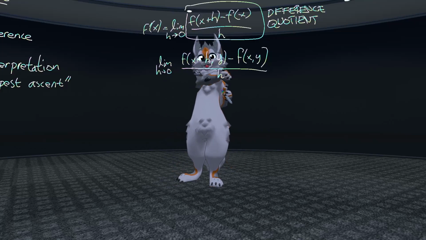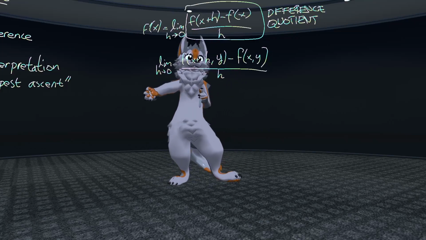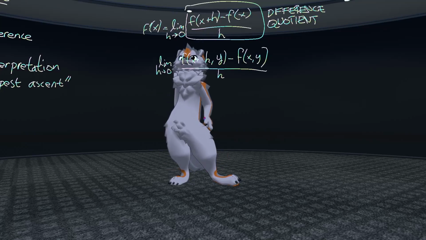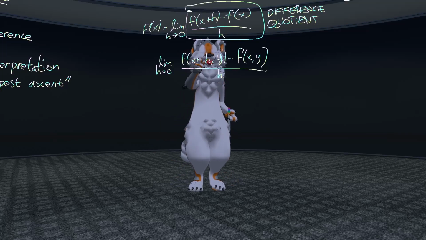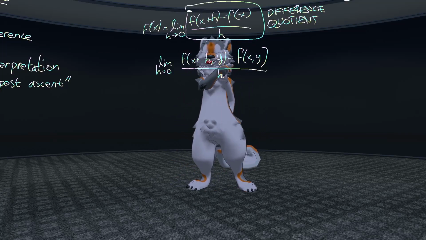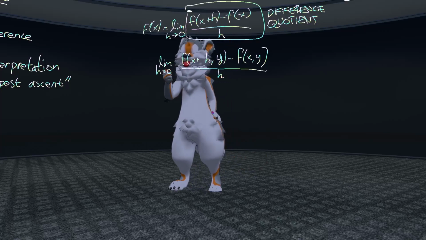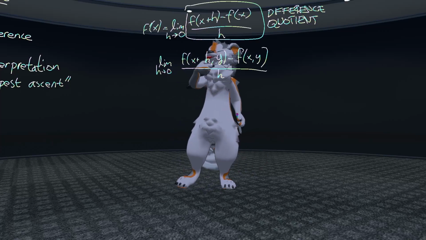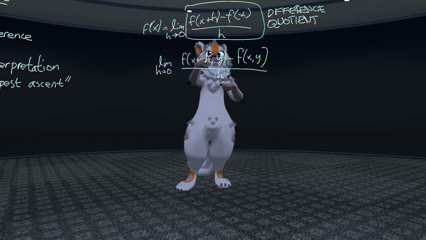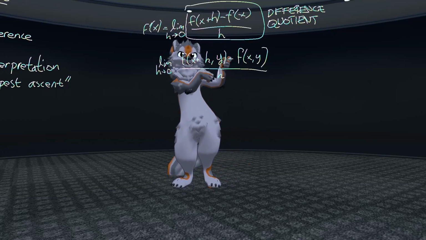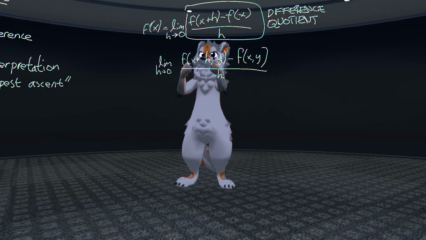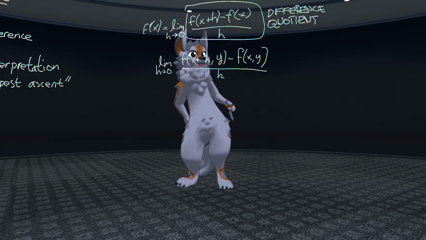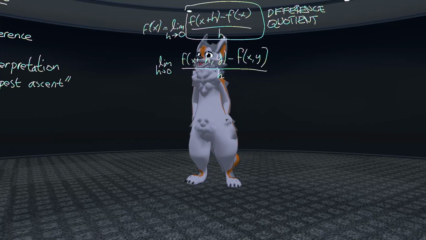Now first of all, what is this expression? Even though the function is a multivariable function, we can interpret this as a single variable function and then take the single variable derivative of that function, right? Why is that?